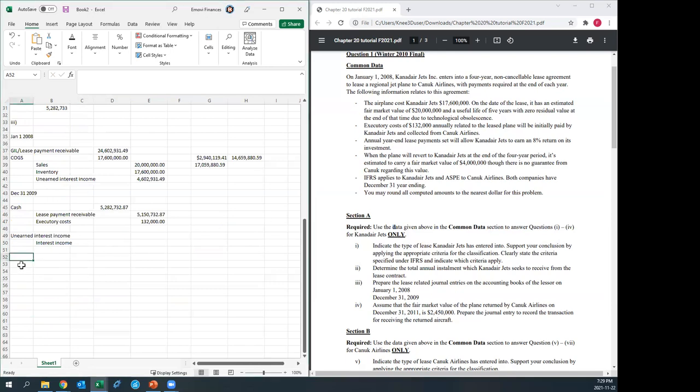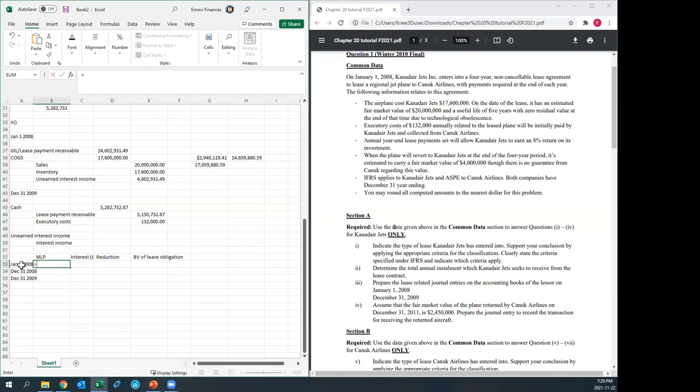So you're going to have your Jan 1st, 2008, December 31st, 2008, and then December 31st, 2009. You have your MLP, you have your interest, which is 8%, and you have your reduction, and you have the book value of lease obligation.